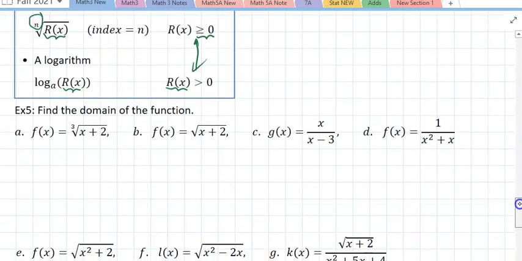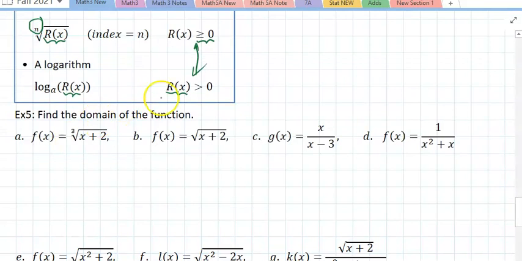So for now, we start off with a bunch of examples. Find the domain of each function. Domain is a must. So when I look at each of these problems, I'm trying to figure out what values can I have. I see a radical, but it's an odd, it's not an even index.